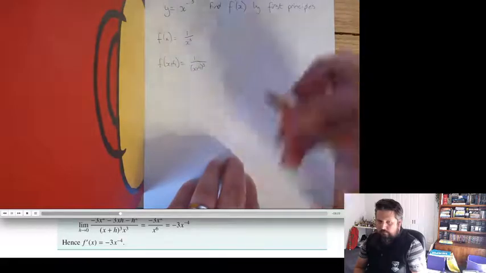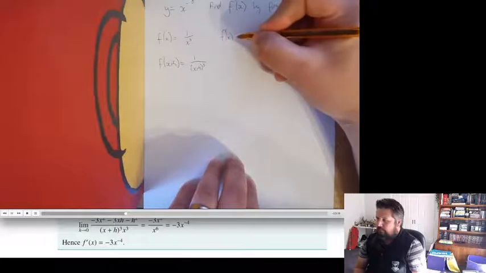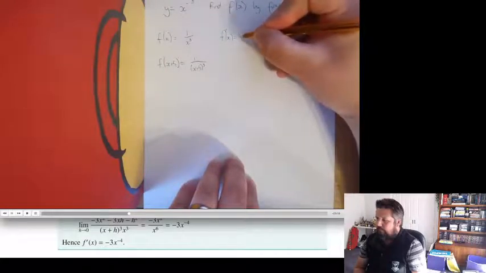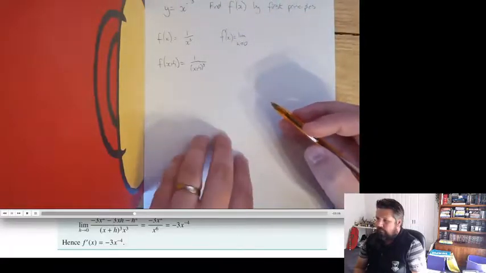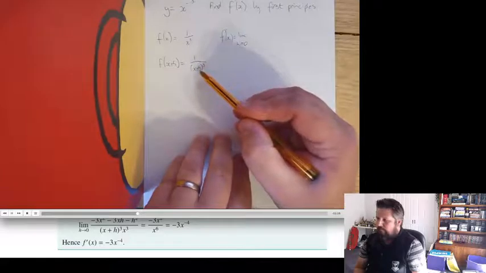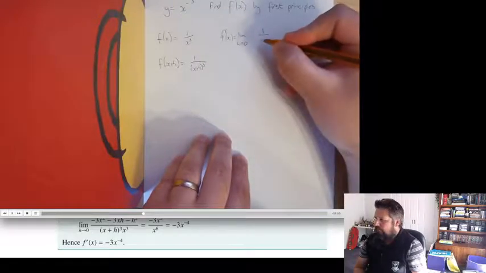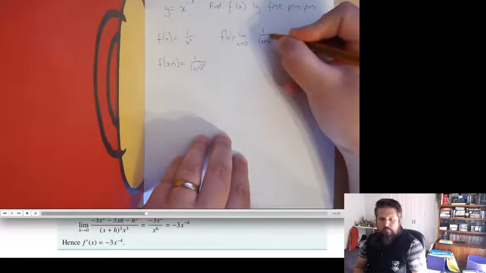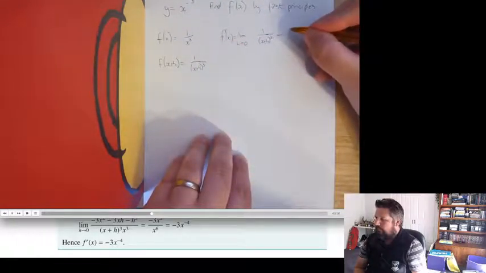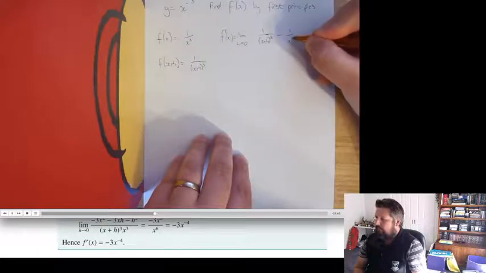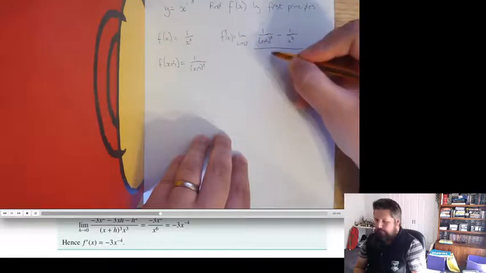And obviously, to work out f dashed x using first principles, with the limit as h approaches 0, what you're going to have is f of x plus h, which we're going to write as 1 over x plus h cubed, take away f of x, which is 1 over x cubed, and that was all over h.